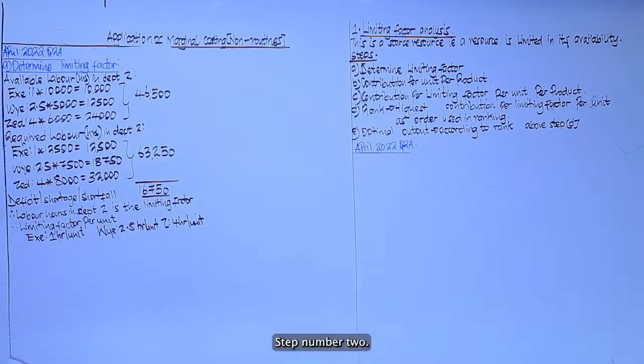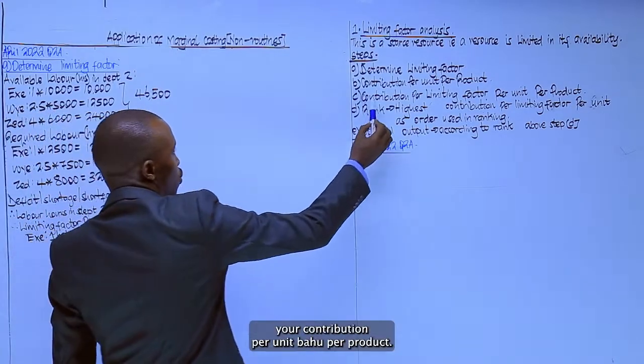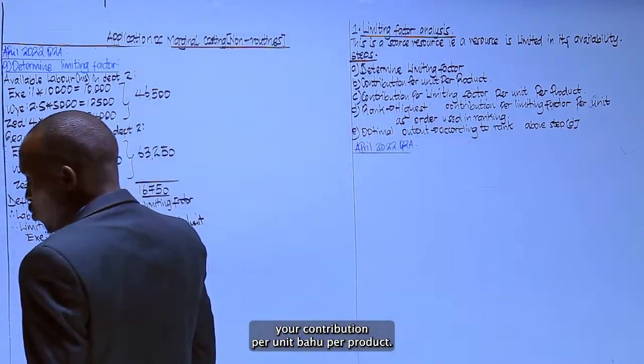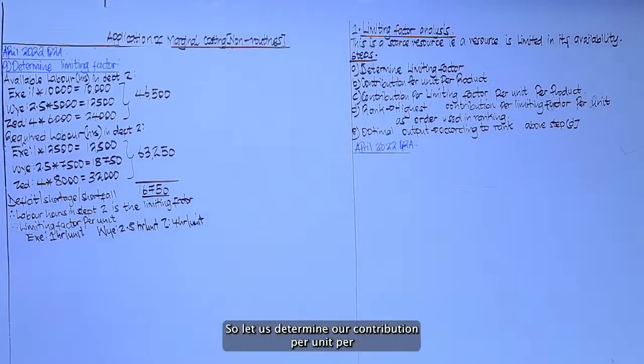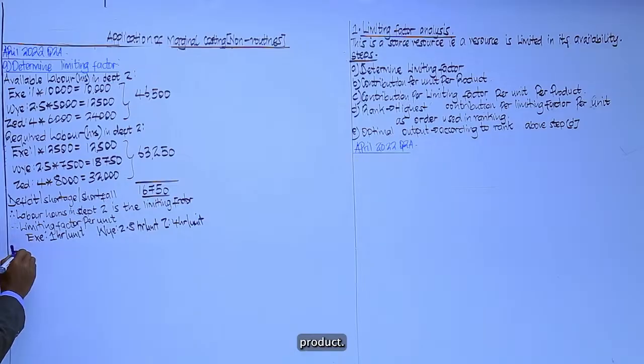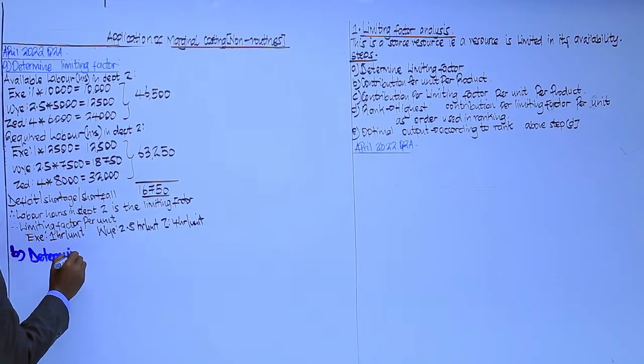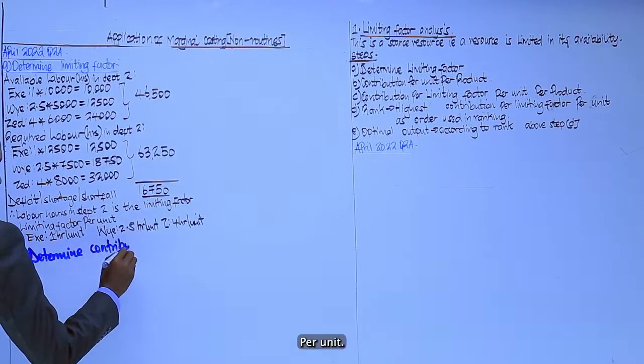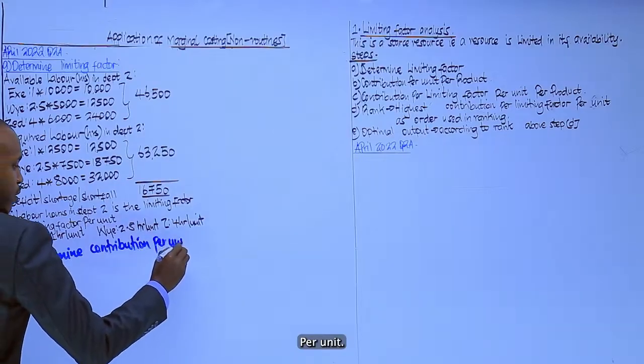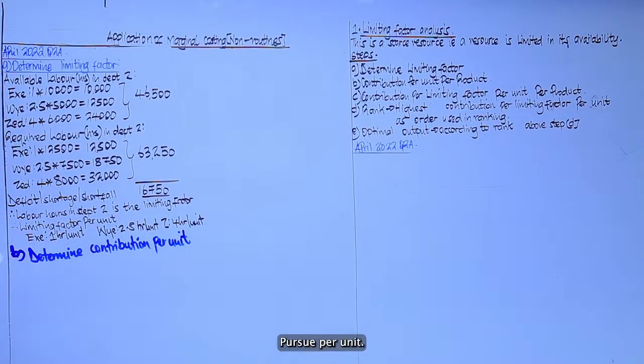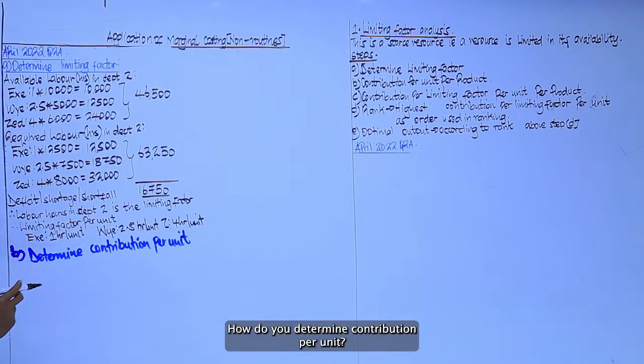Step number 2 here is to determine your contribution per unit per product. So let's determine our contribution per unit per product. How do you determine contribution per unit?